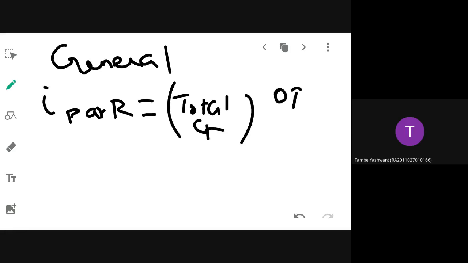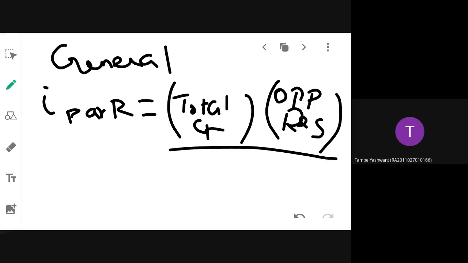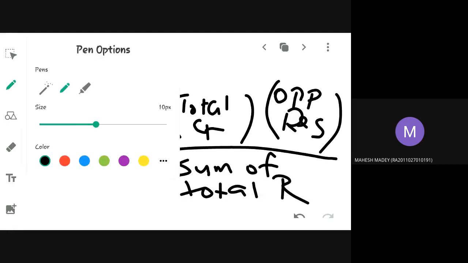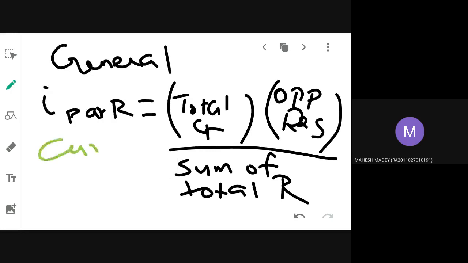That will be equivalent to, in a formula common to all, the total current into the opposite resistance, divided by the sum of the total resistance. This rule is called the current division rule.